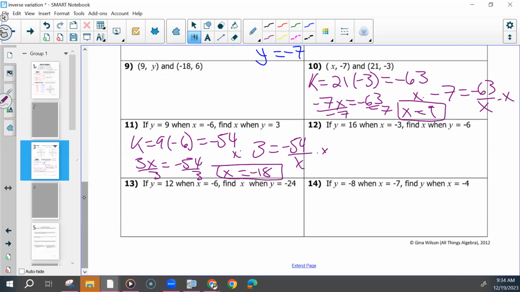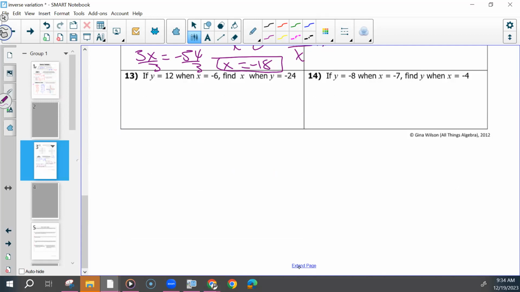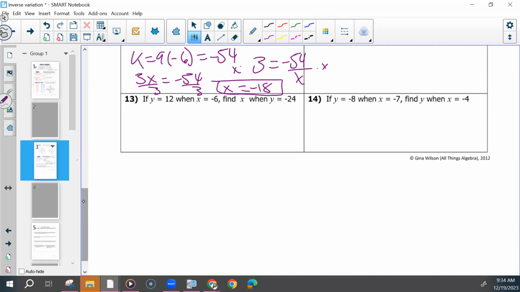One more of these. We found x, so let's find y. So number 14. Find k by multiplying -8 and -7. What is the value of k? Positive 56.